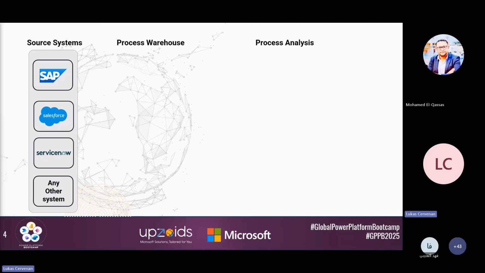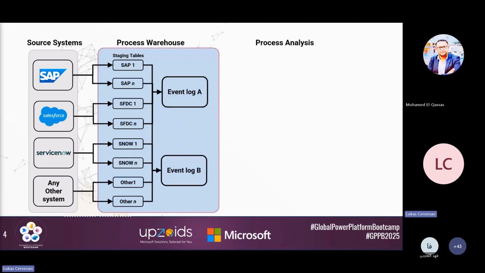It could be SAP, Salesforce, Oracle, ServiceNow, or any other homegrown system where we have various kinds of data, basically a digital trace of actions that we are doing as users, either as human beings or maybe some bots or automated solutions. Or to speak in simple terms, basically, we need to get this data.